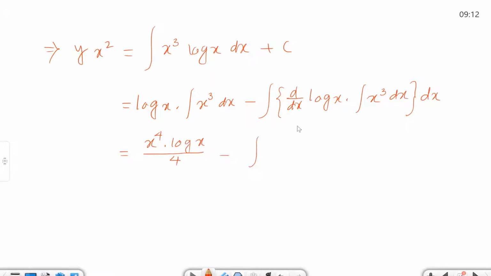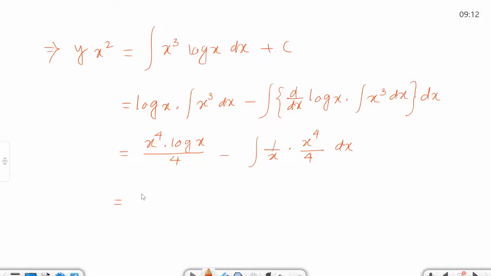Minus the integral of, differentiation result d/dx of log x is 1/x, and the x cube integral is x to the power 4 by 4, dx is already there.